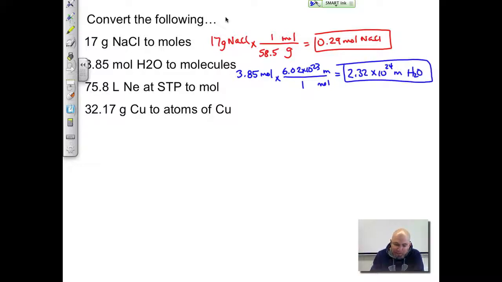How about liters of neon to moles? So 75.8 liters of neon, X line, liters, moles, 1. Again, just without even really spending much time thinking about it. The liters conversion factor is 22.4. It's in the denominator, so I'm going to divide 75.8 by 22.4.